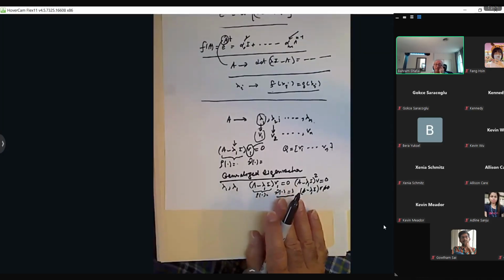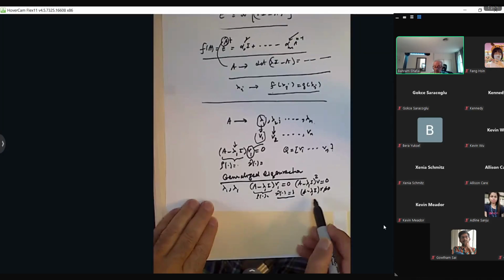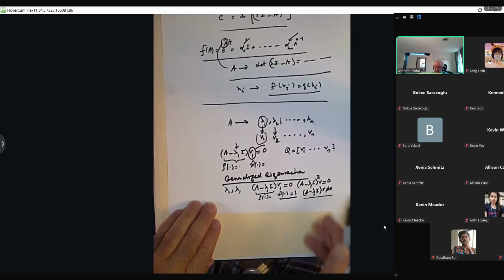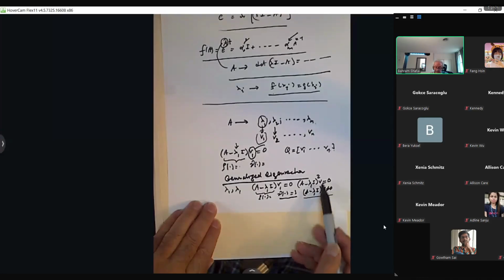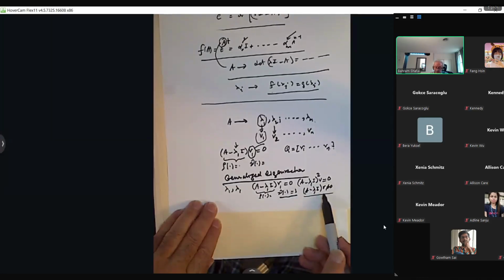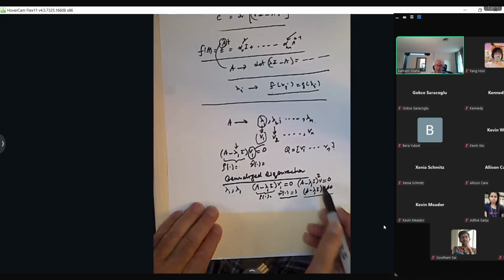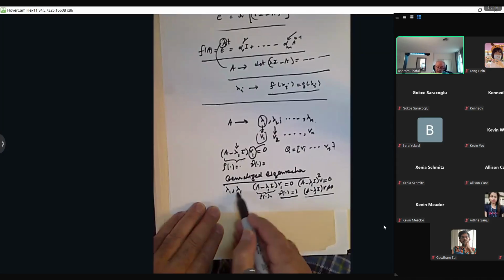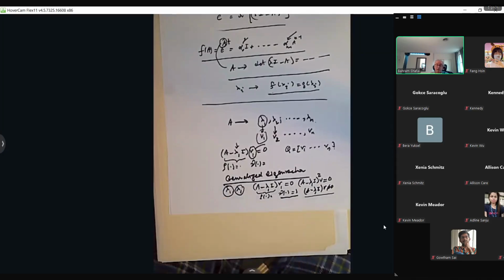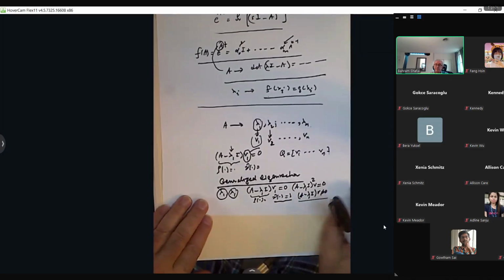If you go back and look at the example I gave, you can find the generalized eigenvector, and once you find that V, you can find the eigenvectors. One gives you an eigenvector with respect to one lambda 1, the other with respect to lambda 1 again. Does it make sense?